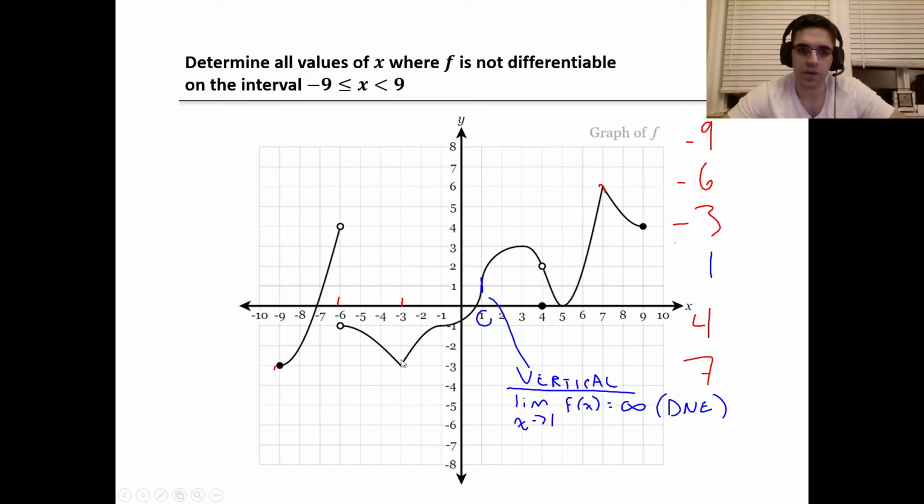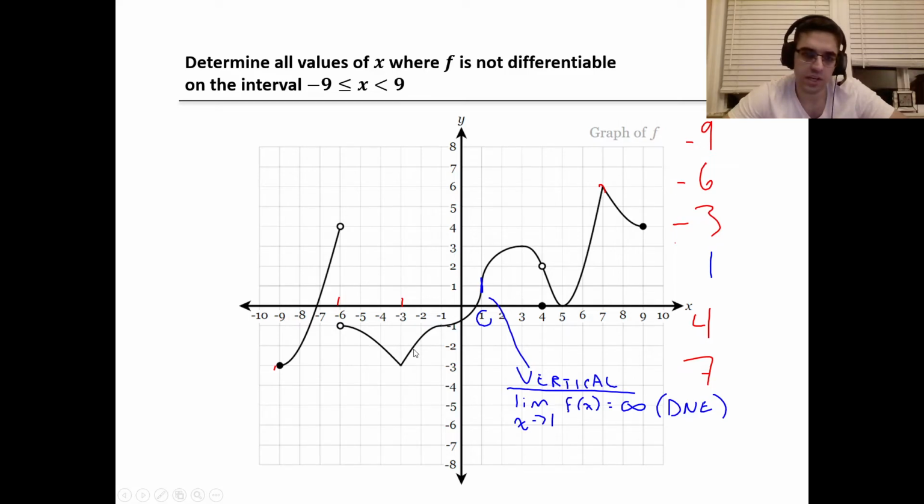So now -3, here's a graphical example of what I was trying to explain earlier, of when a function could be continuous but not differentiable. If that made no sense earlier, try this out. We can tell this is continuous, we can draw this at x equals -3 without lifting our pencil, but the derivative, or the slope of the tangent line, as we approach -3 from the left would be a line like this, with a negative slope.